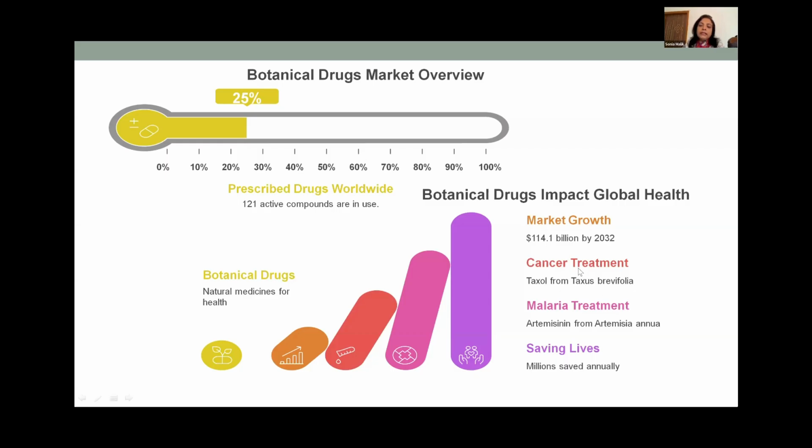This is the single plant species used for cancer treatment, and we'll see this in the next slides. In the case studies, I am going to show you how many plants are required, how this drug is obtained, and what the different pathways are to obtain Taxol from the plant species. And then the malaria treatment drug artemisinin is also derived from Artemisia plants.